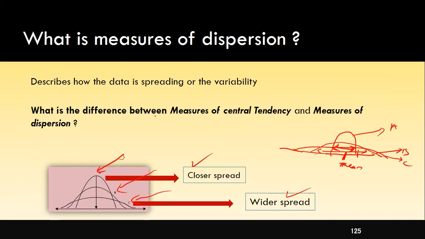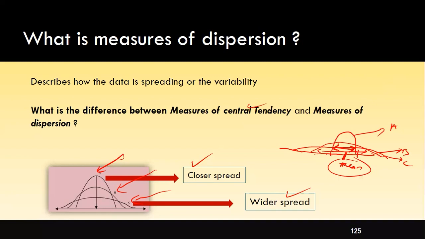Now let us understand the difference between measures of central tendency and measures of dispersion. Central tendency tells us the center of the data. For example, if you want to find the mean, it tells the mean is in the middle. The center of the data, you can find out with the measures available as part of measures of central tendency.